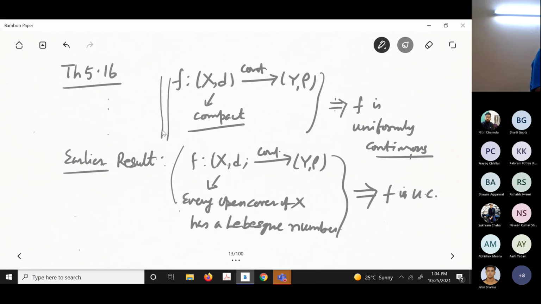Here two things are there. Again, I have taken R(x), with a similar technique to what you did in the earlier theorem 5.15.